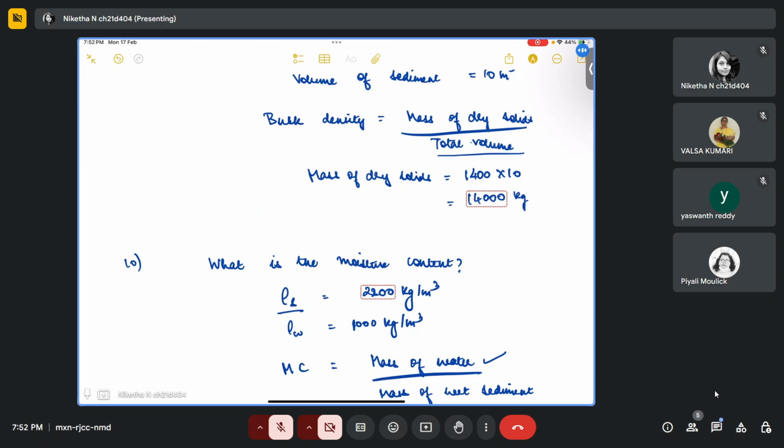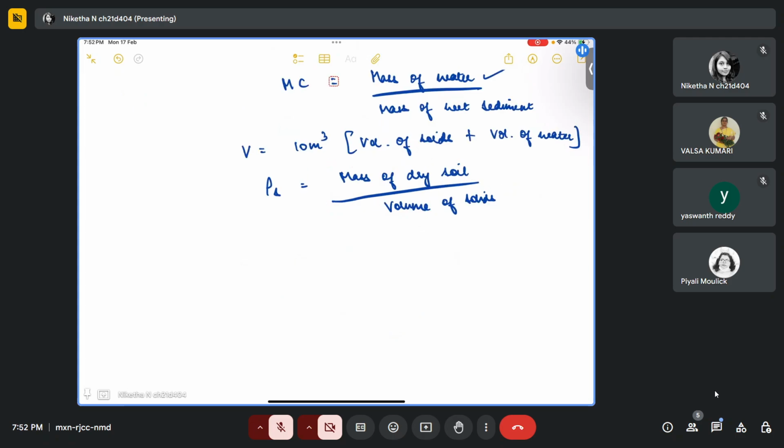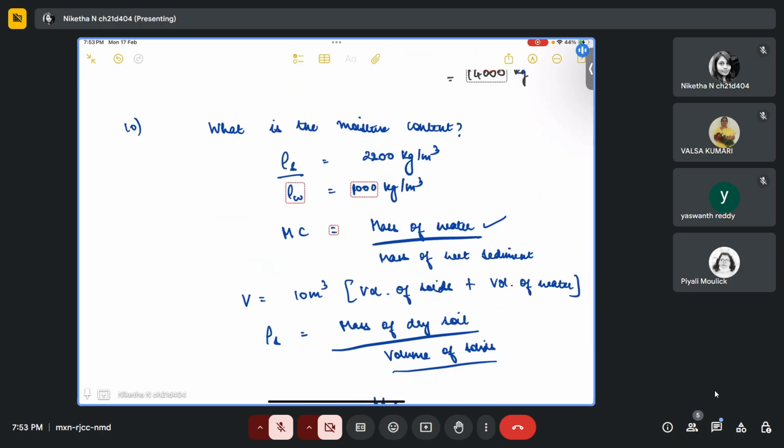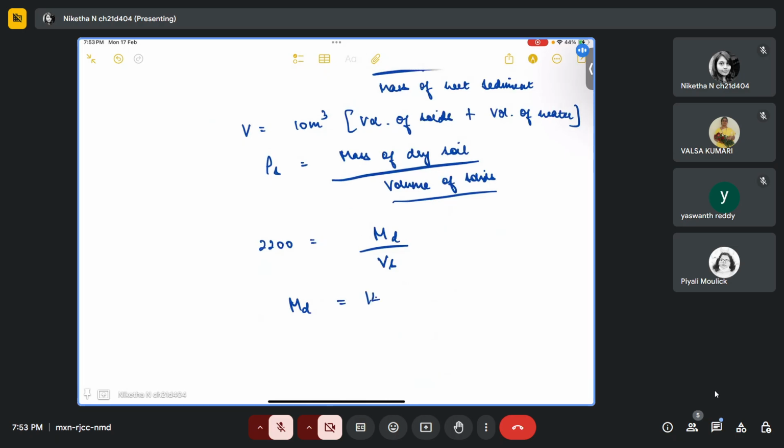Here we are considering the volume of the solid plus the volume of water. Here it is only the volume of solids. So this is 2200, and this is the mass of dry soil, denoted by MD, and this is the volume of solids, which is VS. The mass of dry solids we already found in the previous question, which is about 14,000 kgs.